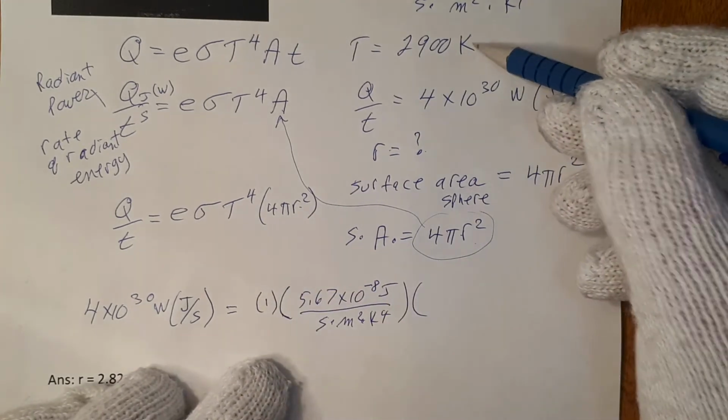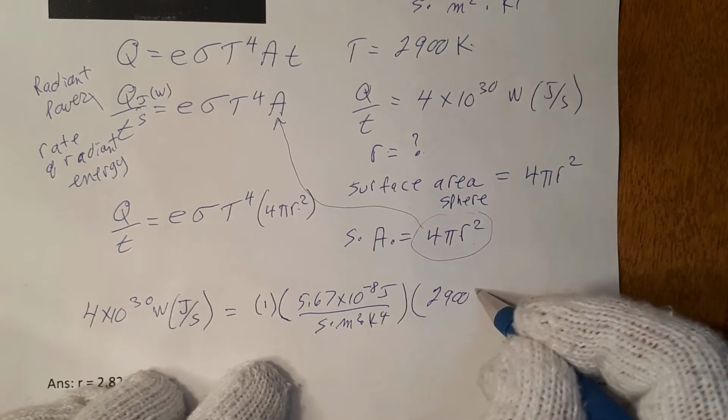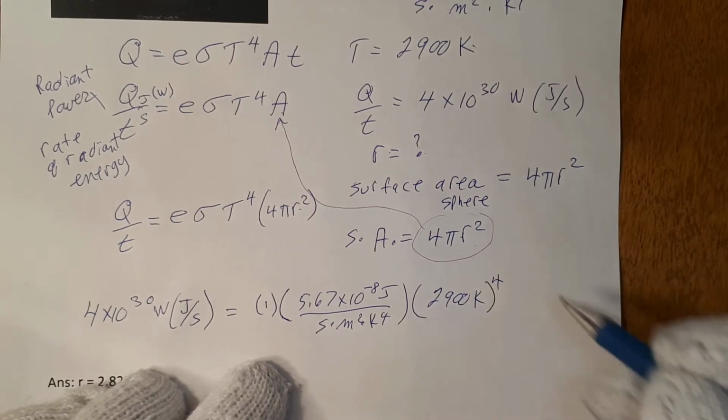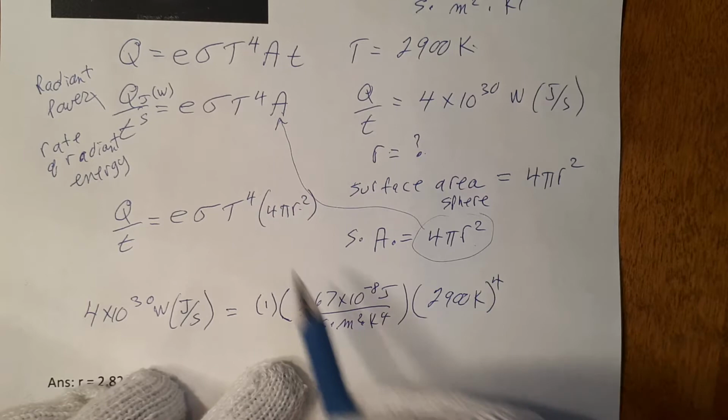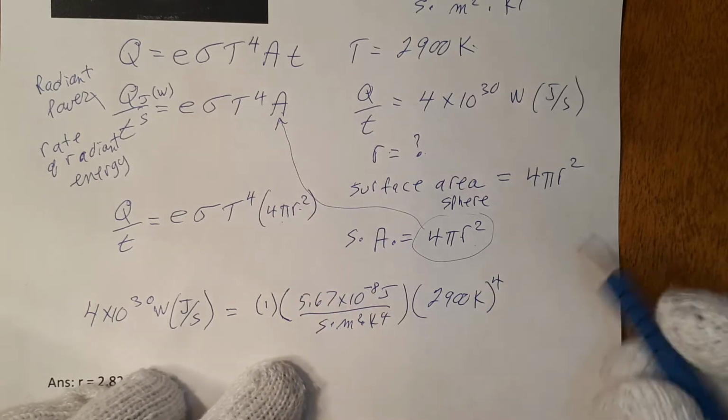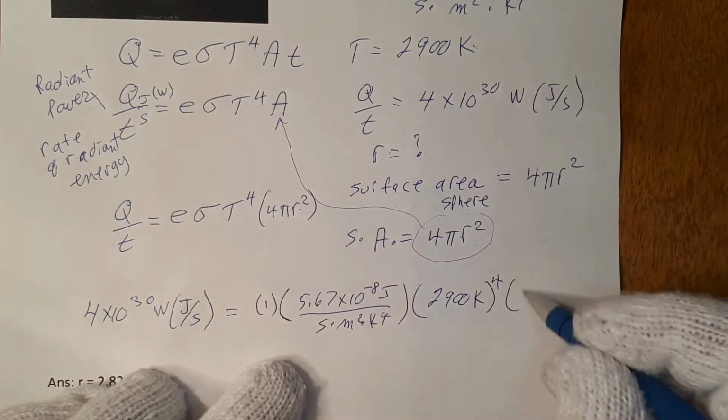The temperature was 2900 Kelvin. Everything to the power of 4. And then multiply everything by 4 pi r squared.